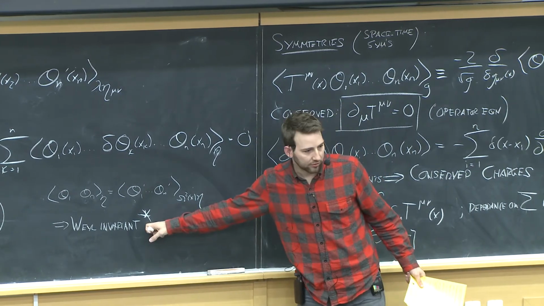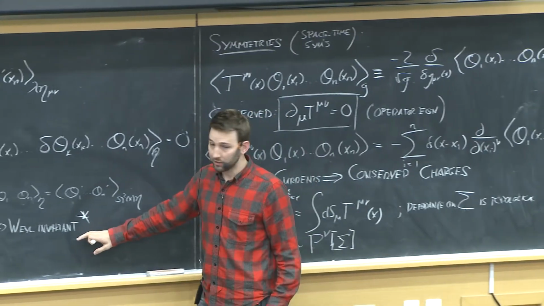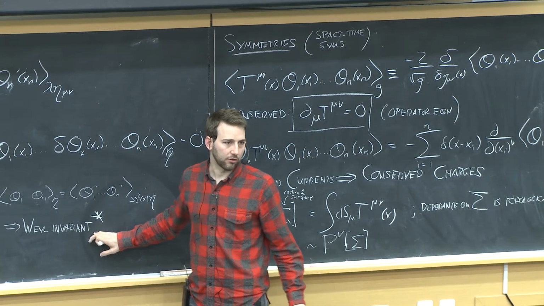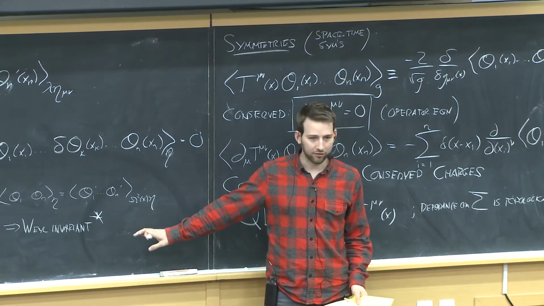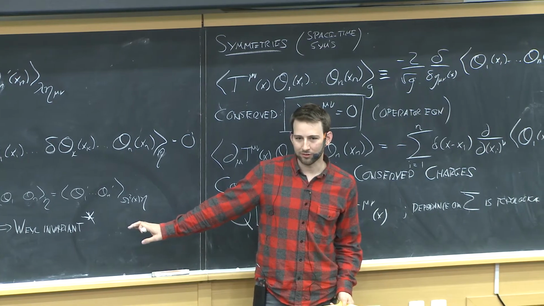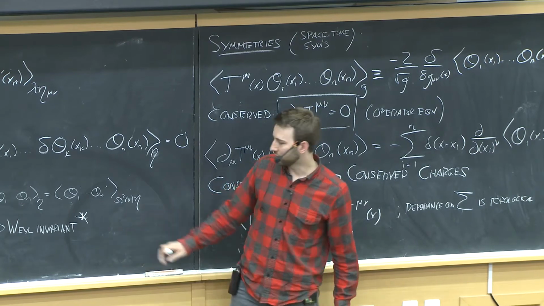And I've put a big asterisk here because famously this symmetry can be anomalous. There are so-called Weyl anomalies that are interesting and useful and that I also won't talk about for the rest of my lectures because they won't play a major role quantitatively.